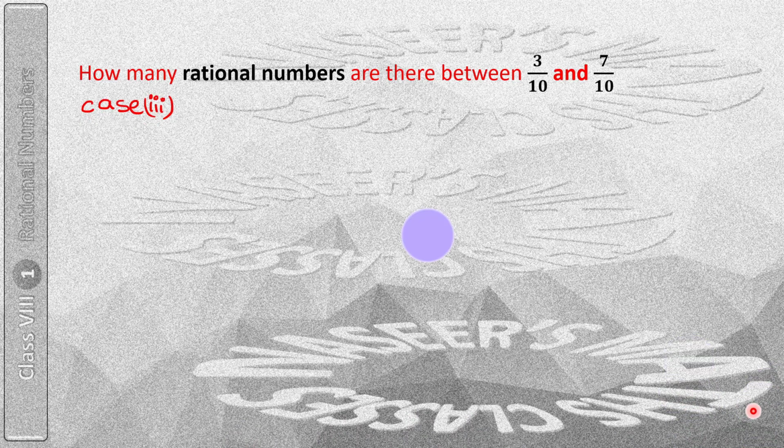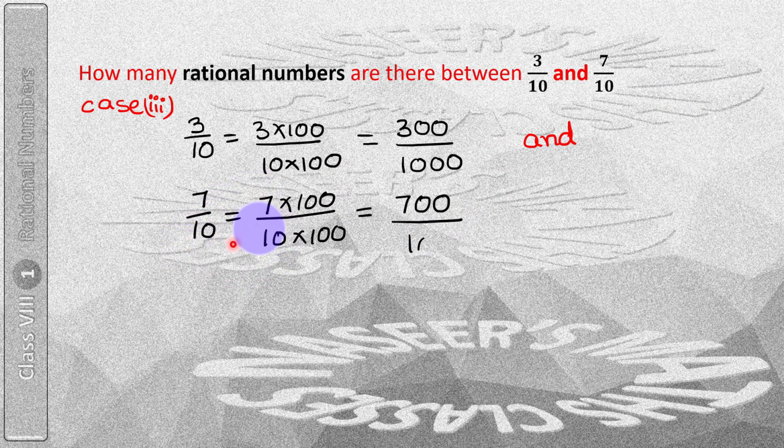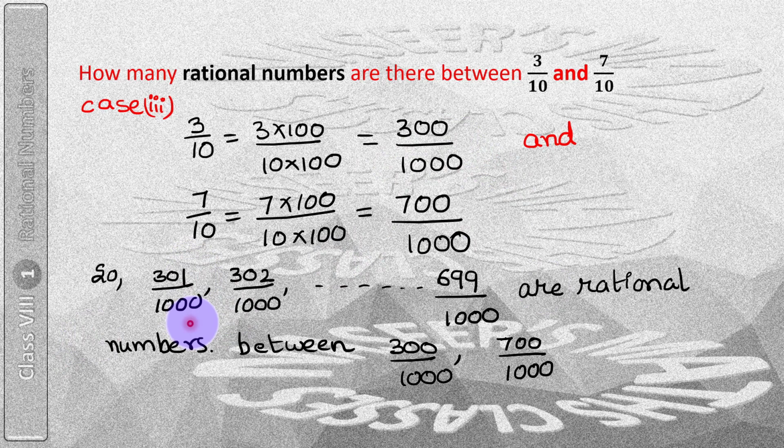Next, third possibility: how many rational numbers are between 3 by 10 and 7 by 10? If we write the equivalent of 3 by 10 as 3 into 100 by 10 into 100, which is equal to 300 by 1000, and the equivalent of 7 by 10 as 7 into 100 by 10 into 100, which is equal to 700 by 1000, then we can write 301 by 1000, 302 by 1000 and so on up to 699 by 1000.